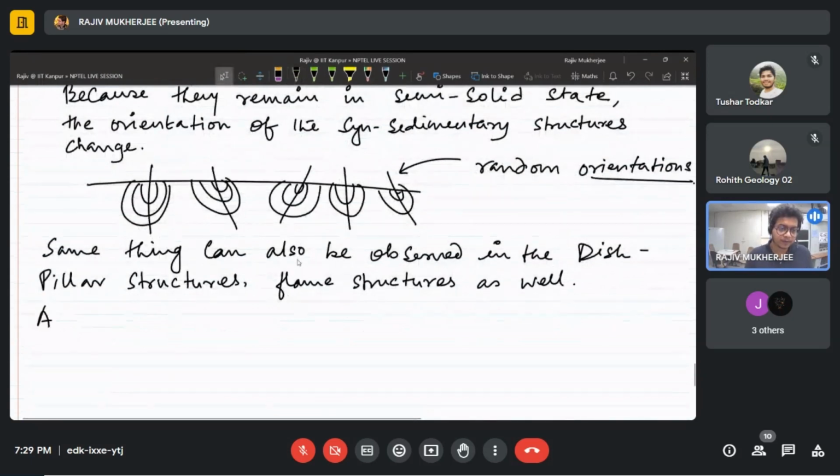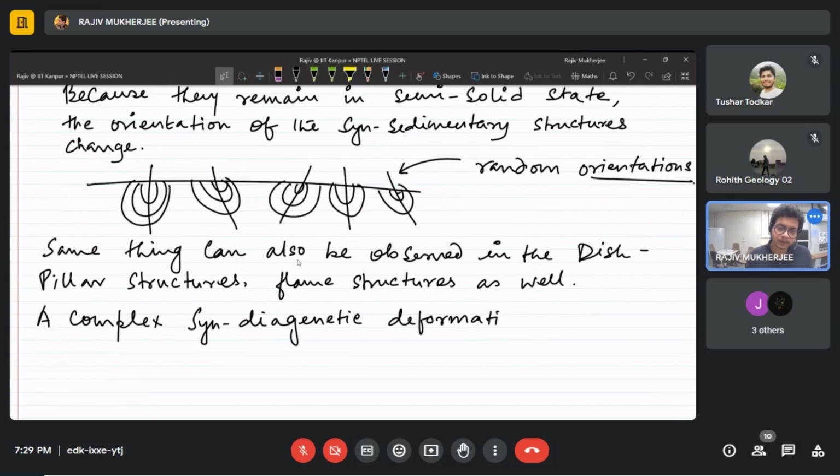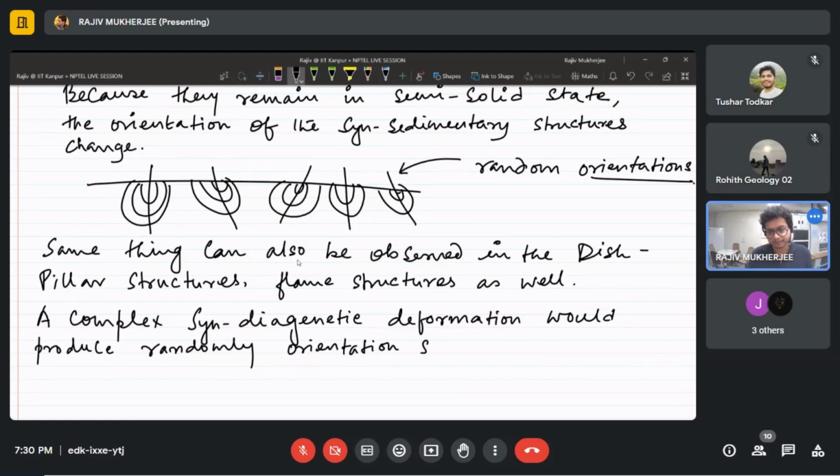So a complex form of deformation, complex diagenetic deformation, would produce randomly oriented sedimentary structures, right?